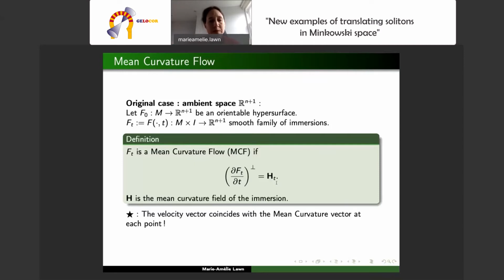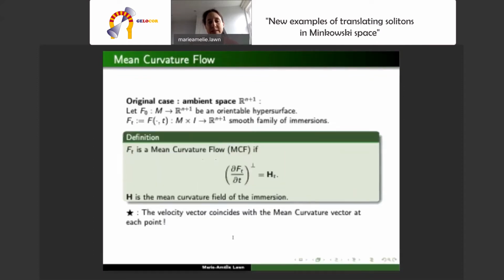This is why it's called the curve shortening flow. This particularity of having finite time blow up can also be seen in the general case of convex surfaces. This is a result which was proved by Huisken not too long ago.